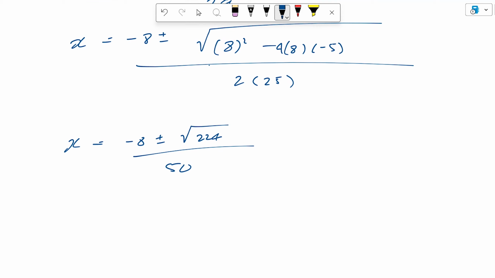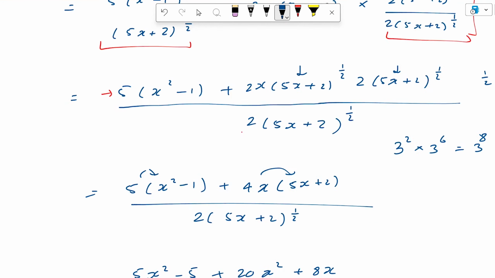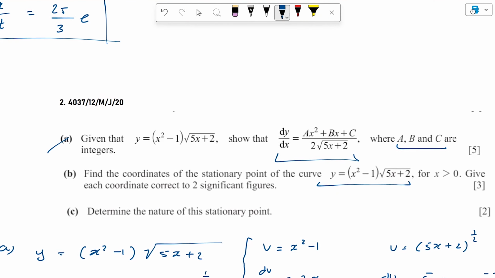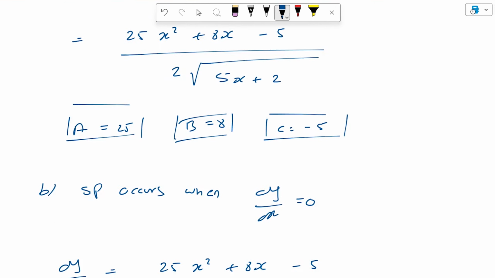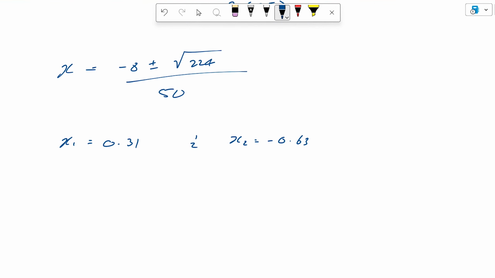This is going to give us x1 is equal to 0.31 and x2 is equal to minus 0.63. Now, if you go back to the question, it's going to tell you x is greater than 0, which means we can't have a negative value.